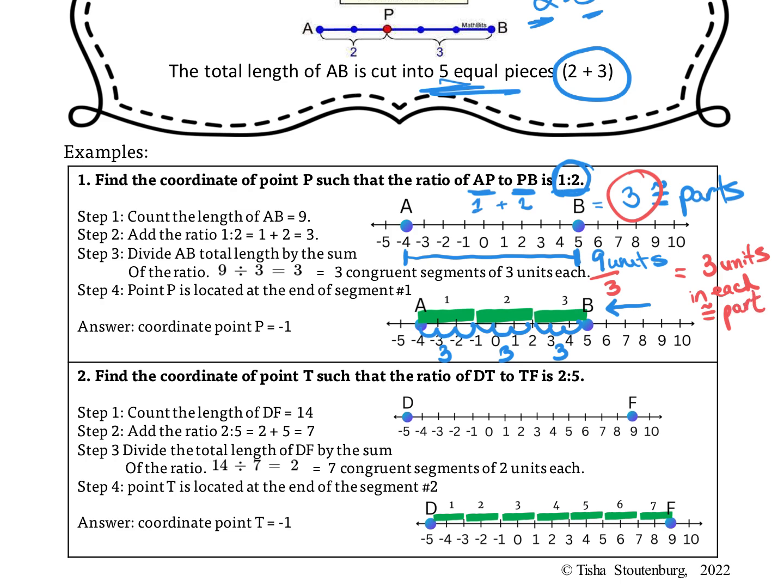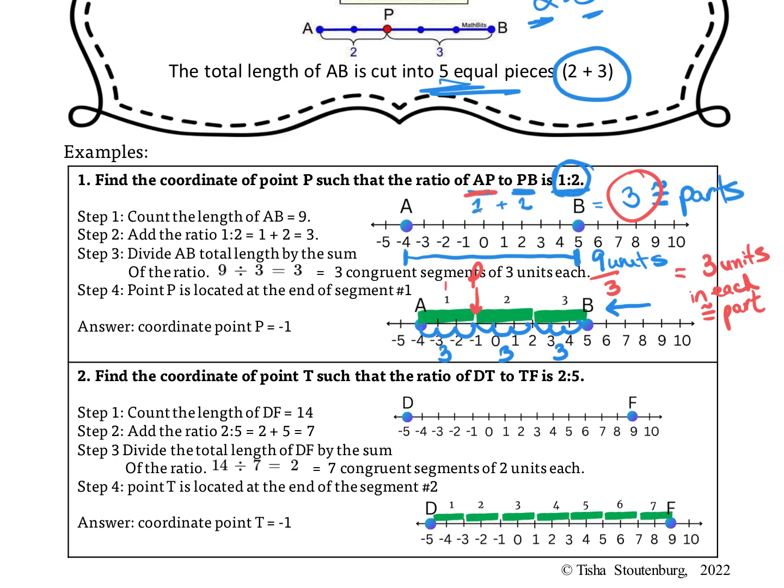Okay, so then from here, once I've determined where my 3 parts are, then I can place P. I'm going to place P here because from A to P, I wanted 1 part, and P to B, I wanted 2 parts.